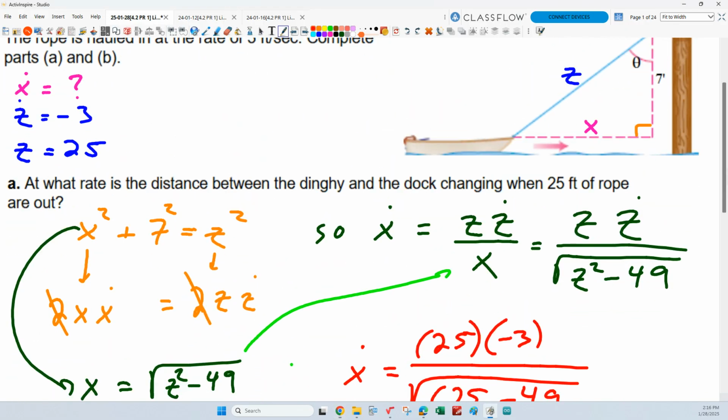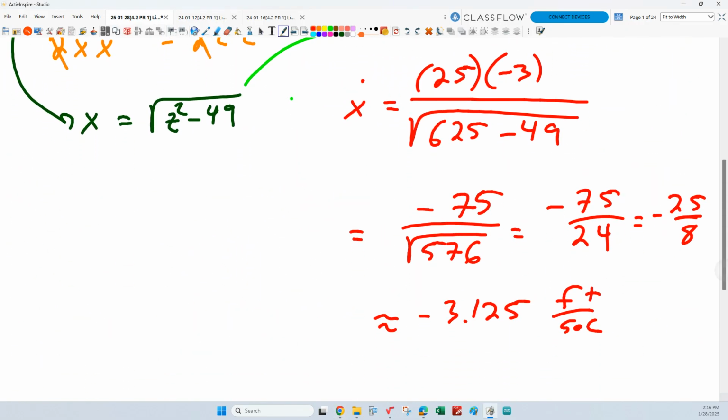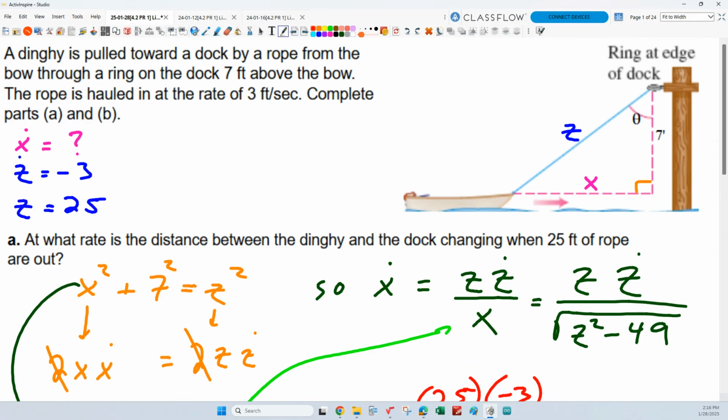It is negative. So what are you questioning? I'm questioning the value. It just seemed to me like the absolute value should be less than 3.